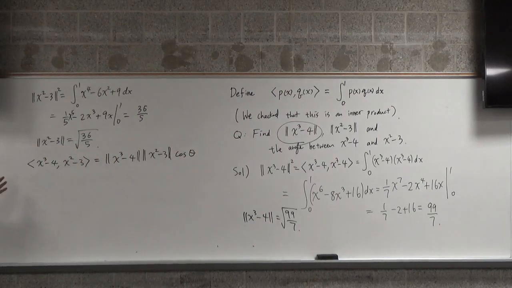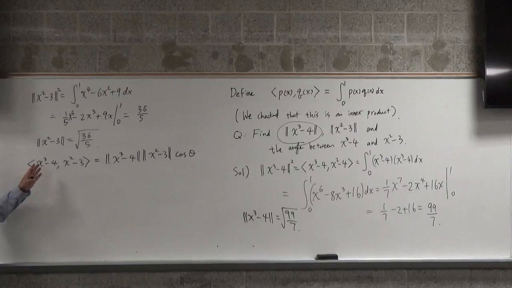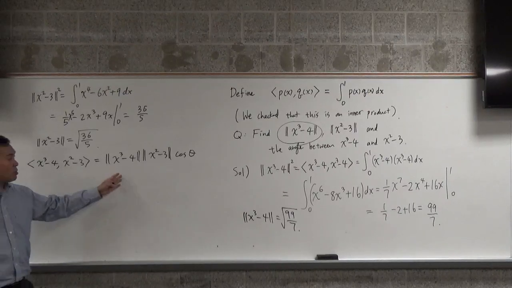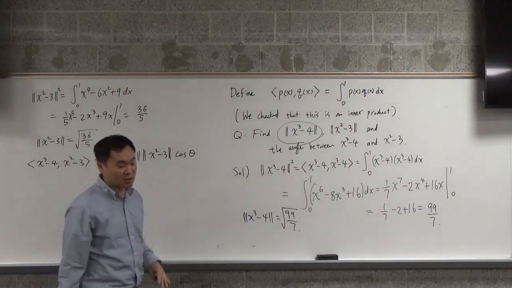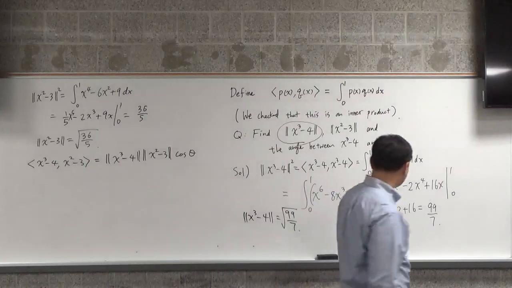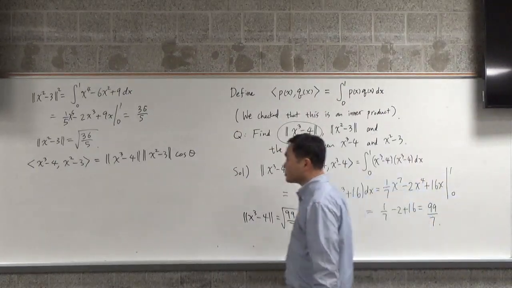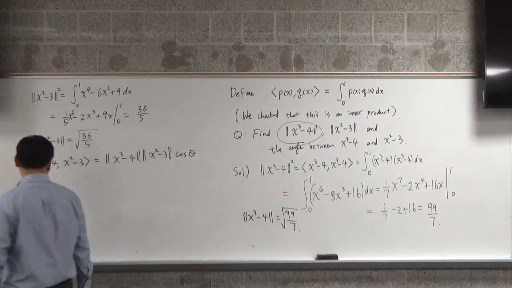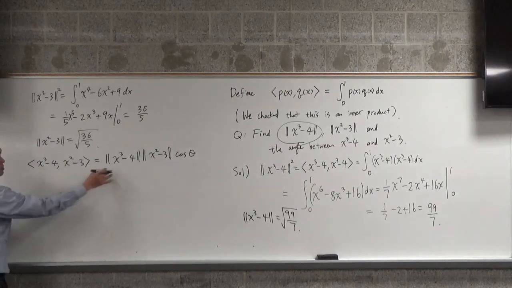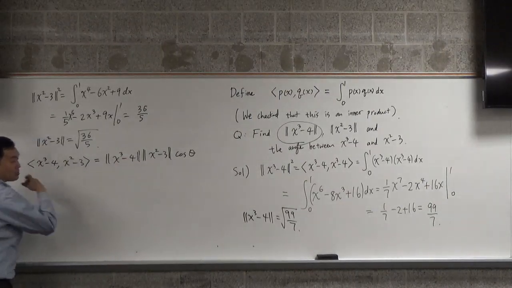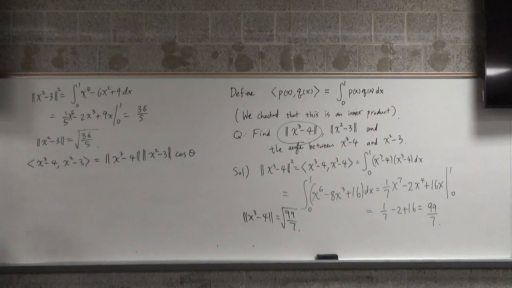So using this identity that the inner product of u and v is the norm of u times the norm of v times the cosine of the angle between, we can now just compute this side, and we know these two values, so we can divide them. That will give you the answer.